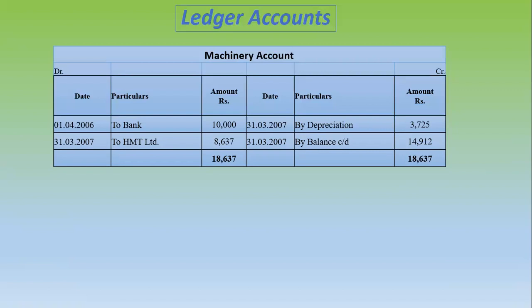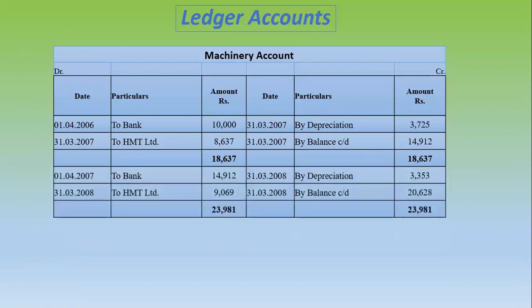Now we need to tally the total, so you will get the difference value of 14,912, that is balance carried out. Now we transfer the same balance to the next year, so it will be the opening balance for 1/4/2007, balance brought down 14,912, and then cash price paid 9,069 for the second year, and depreciation charge 3,353 on the credit side.